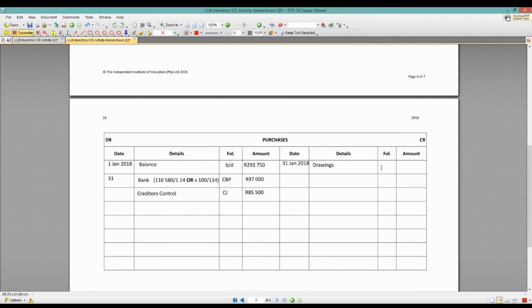The folio number is general journal, and our amount is 6,612 Rand. Now, the mark allocation: you would have received a mark for the drawings in the general ledger, and a mark for the correct amount.